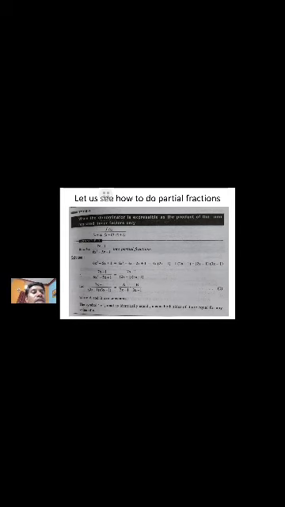Now we have to find the A and B values so that we can convert the given fraction into partial fractions. To get A and B, first on the right side we do the LCM, and then the left and right denominators are the same, so they get cancelled, and the numerators are equated.